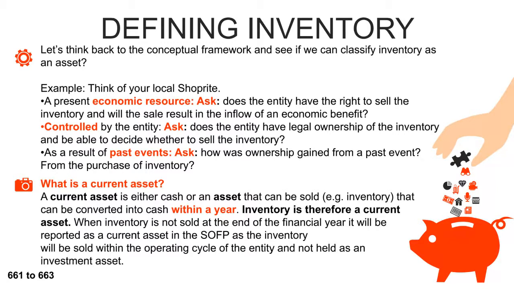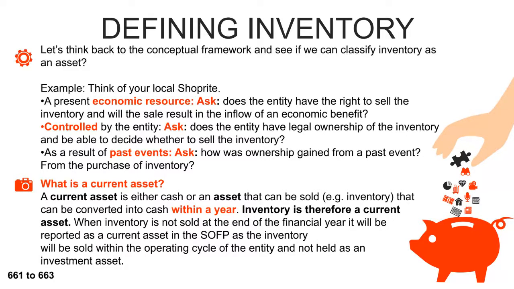Then when we look at control, and we did control in the last lecture, or the lecture before that, I can't remember, we ask: can the entity use the inventory? Can the entity gain the benefits that are encapsulated in the inventory, and can they prevent other people from using the inventory? And the answer to all of those questions is yes. So definitely the inventory is controlled by the entity.